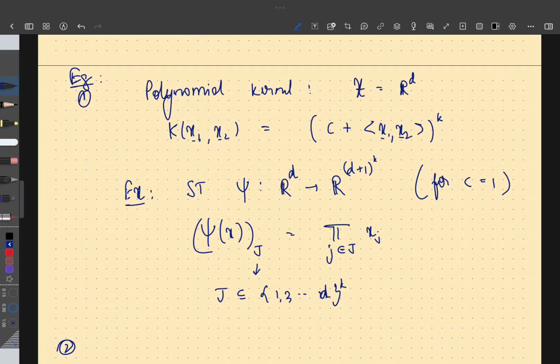All right. So maybe before I go to the next example, we'll just see how computing the inner product using the kernel is better than computing the inner product by embedding into the feature space. If I embedded to the feature space and then computed the inner product, what would be the complexity?